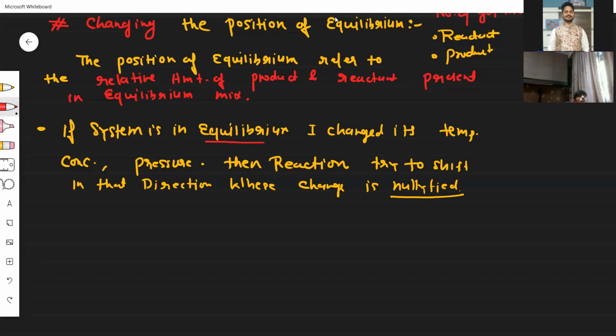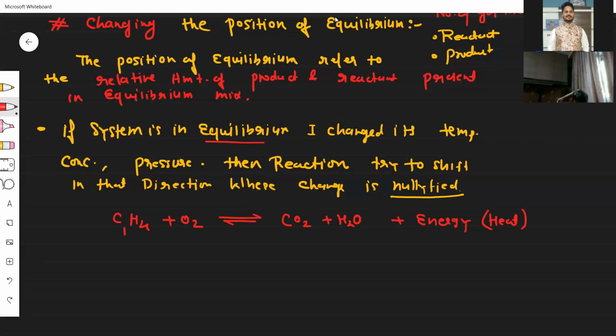So how is it able to get it back? Is it going forward or backward? This is very interesting and important. I will give you one example, a very simple one like combustion: CH4 plus O2 gives you CO2 plus water plus energy, that is heat. Heat is given out.